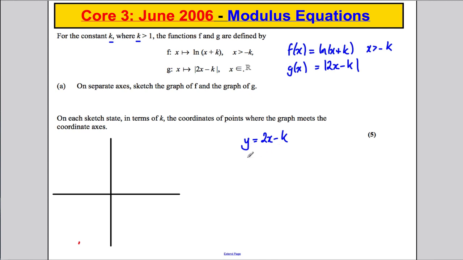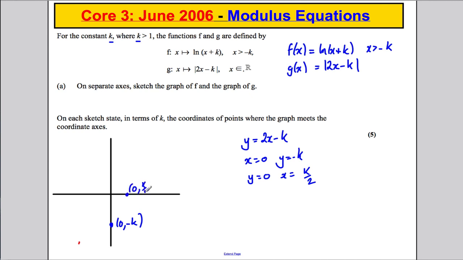When x is 0, y is negative k, and when y is equal to 0, x would be equal to k over 2. This point here would be (0, negative k), and this point here would be (k over 2, 0).